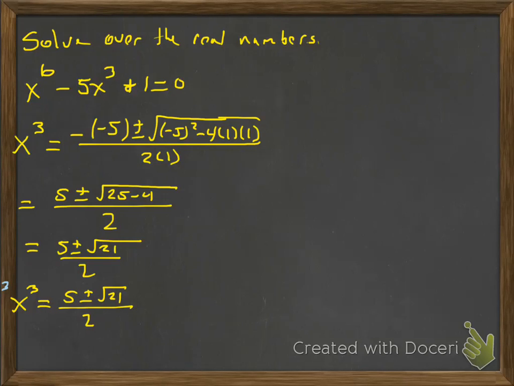To undo the cube, we're going to take the cube root of both sides. So x is going to be equal to the cube root of 5 plus or minus the square root of 21, divided by 2.